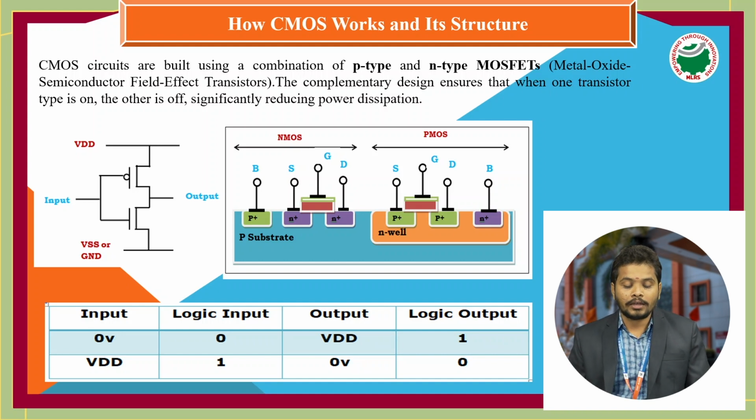CMOS circuits are built using a combination of p-type and n-type. As I told earlier, CMOS is nothing but the combination of PMOS and NMOS, and the complementary design ensures that when one transistor type is on, the other one will be in the off condition, significantly reducing the power dissipation, because in the off state the other device will work and the present off state device will not work.